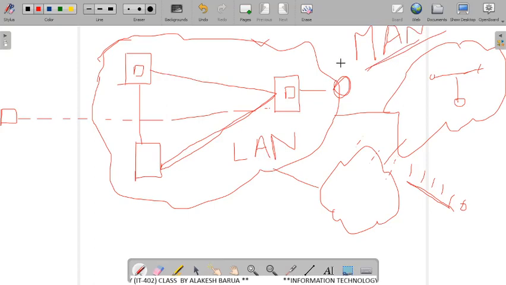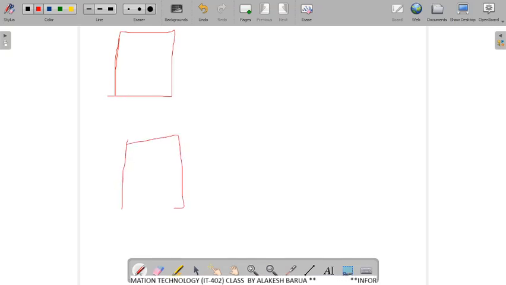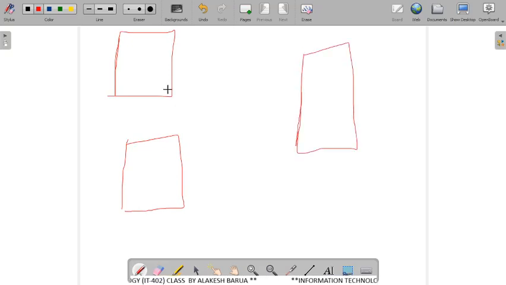Between LAN and MAN, however, is another type of network known as a campus area network. Let's say there is one building. Think of this as a building. This is one building, and this is another building, and this is another building. Let's say there are certain computers in this building, certain computers in this building, and other computers in this building.